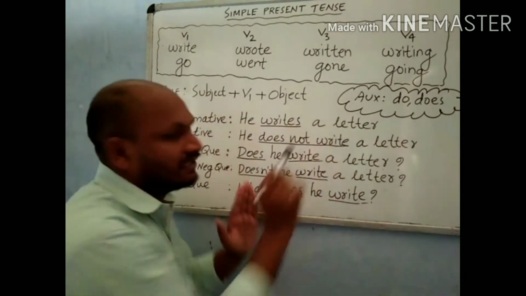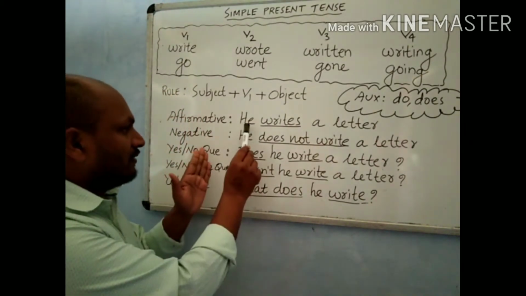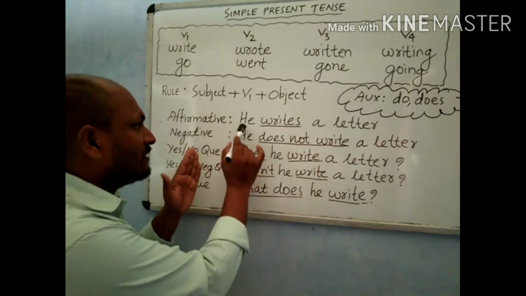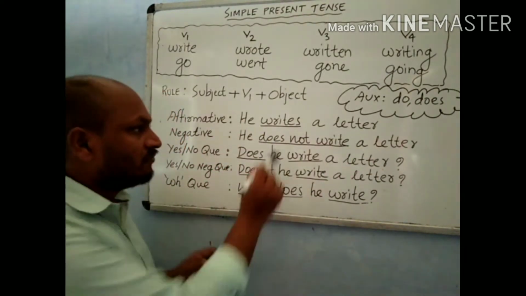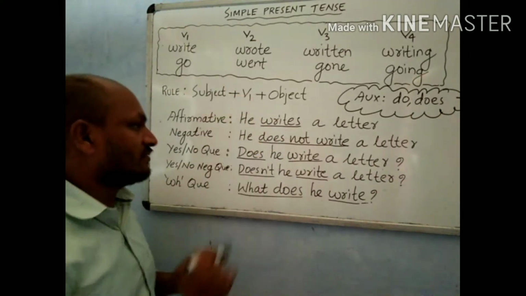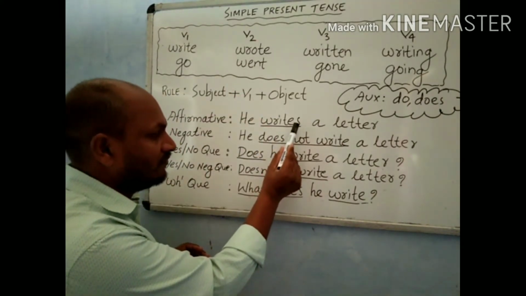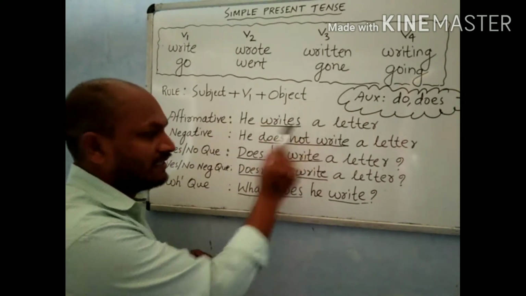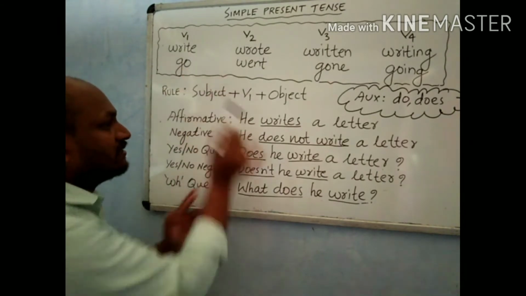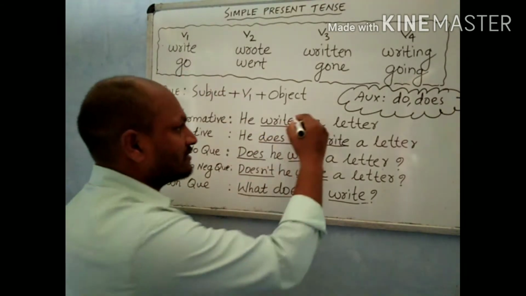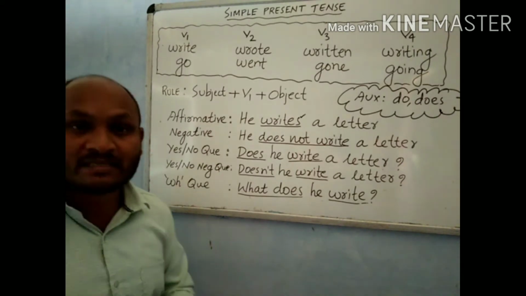Otherwise, this sentence is written in simple present tense. It doesn't matter whatever the subjects or objects can be here, but the verb form should always be the first form. Here you will have a doubt about why we have used s along with the first form of the verb. Actually, the verb is write, but we have added s with this. Why? The answer is simple.